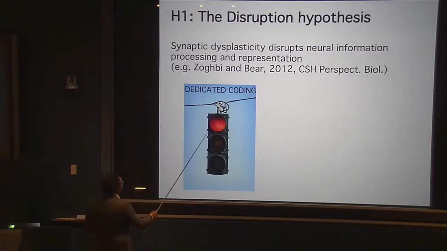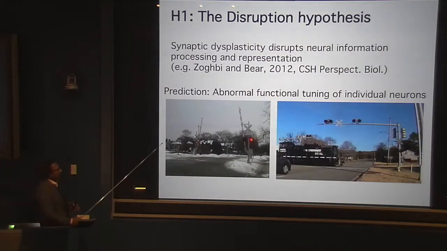So when this light, or that set of neurons, becomes activated, it's going to signal something very clear and unambiguous, in this case stop. There'll be different neurons dedicated to signaling some other signal, for example, the green light here, go.